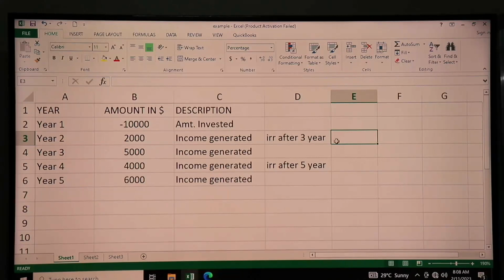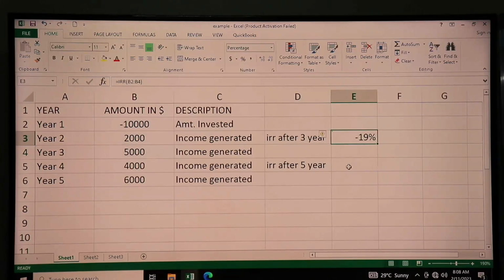We said that when you insert the internal rate of return, in this case, you can evaluate our project. After the third year, that is the first, the second, and the third year, our internal rate of return is negative.